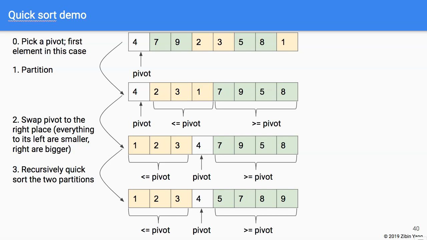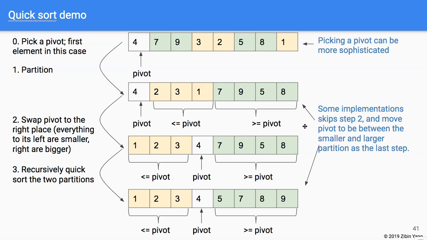Okay, so there are some small variations to the way quicksort works, other than the choice of pivot, which can be very different. One variation is that certain implementations don't do this swap.